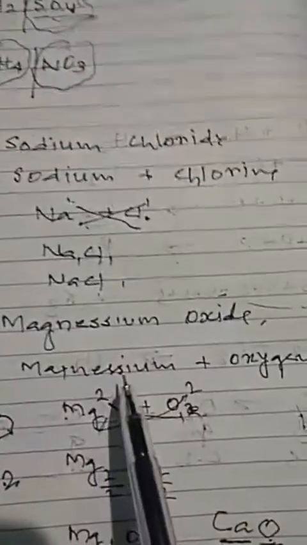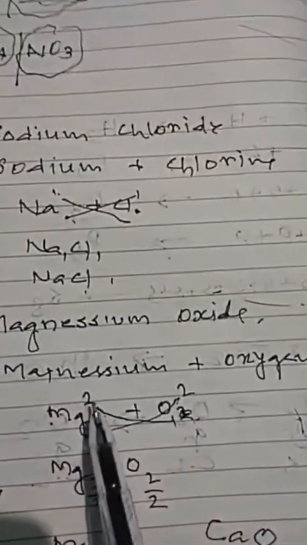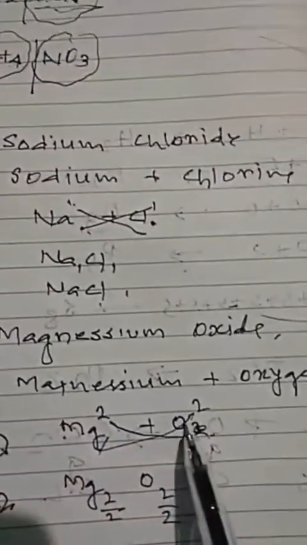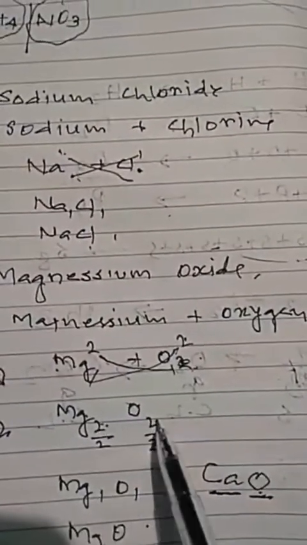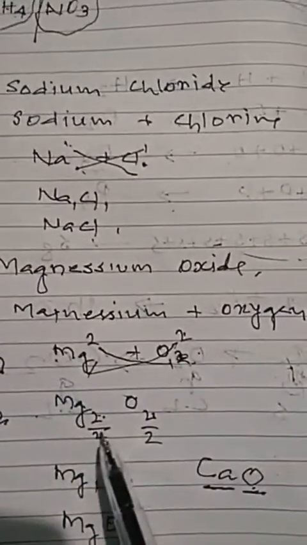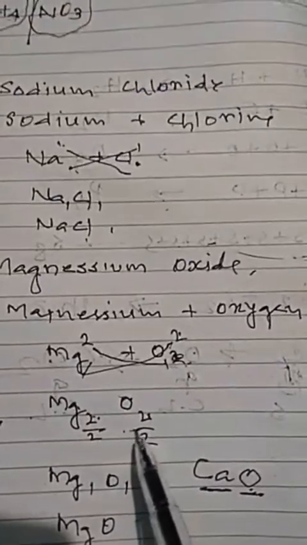For example, magnesium oxide is made up of magnesium plus oxygen. The valency of magnesium is 2, the valency of oxygen is 2. After interchanging we get Mg2O2, but 2 is the HCF, so we divide both by 2, we get Mg1O1, it will be MgO.